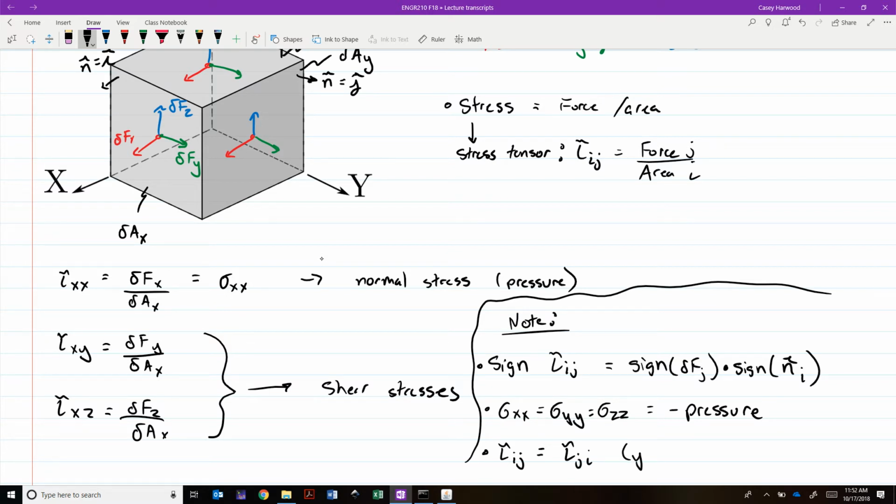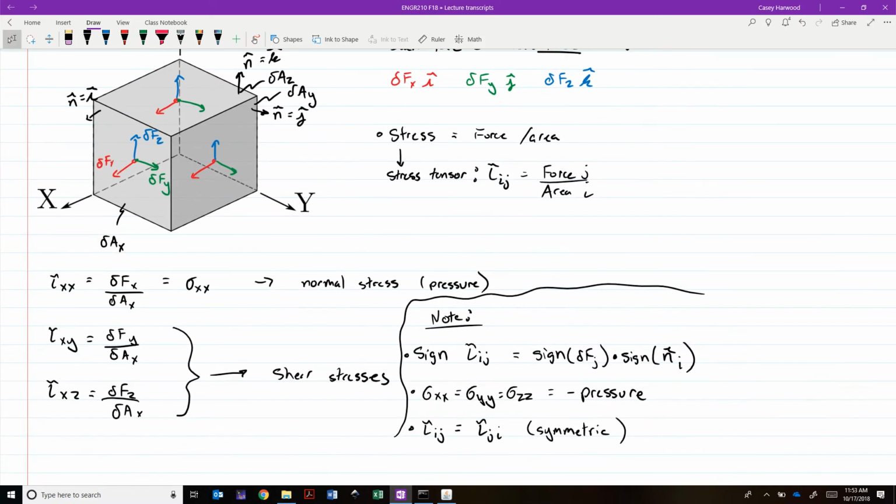In other words, our stress tensor is symmetric. Any questions about these definitions?